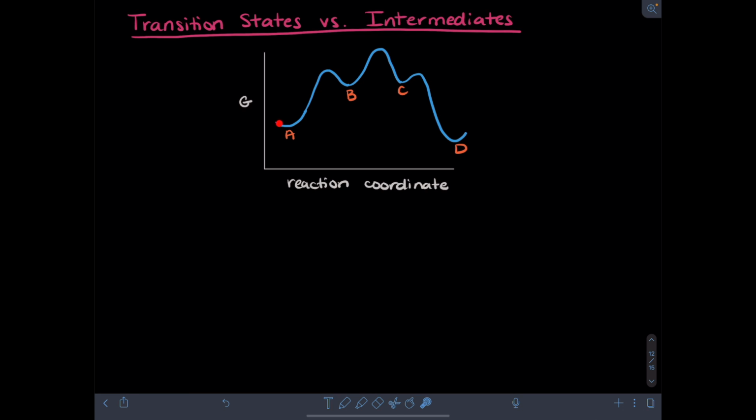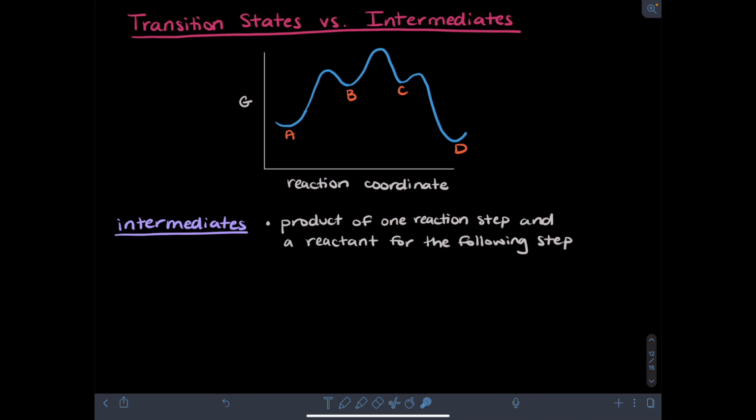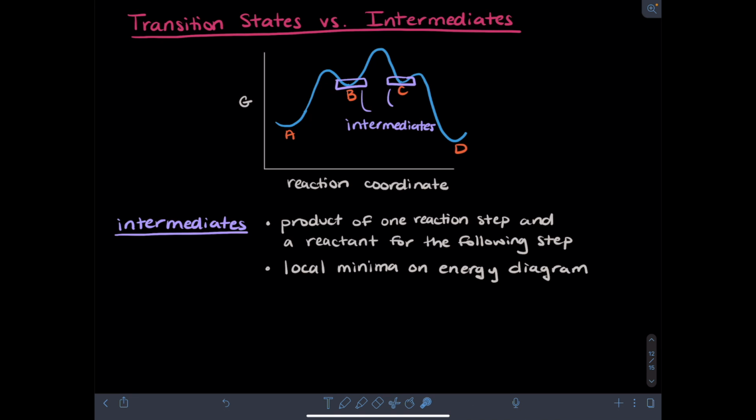I start out with A, go to B, carry on to C, and then eventually form a product D. I'll call intermediates the product of one reaction step that becomes a reactant for the following step. These are going to look like local minima on the energy diagram. The reaction coordinate diagram shown above has two intermediates, B and C.